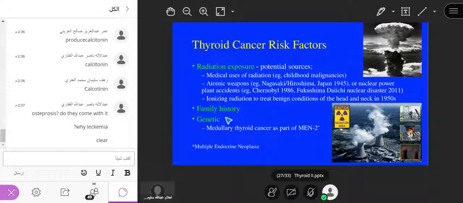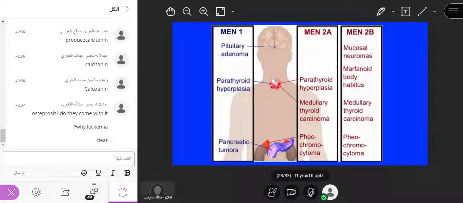Family history of thyroid cancer is mainly genetic, and the thyroid cancer associated with a genetic disorder is medullary thyroid cancer as part of multiple endocrine neoplasia type 2. I'll show you what MEN2 is in a bit. Multiple endocrine neoplasia has 3 types: type 1, type 2A and 2B. Type 2 is associated with medullary thyroid cancer.